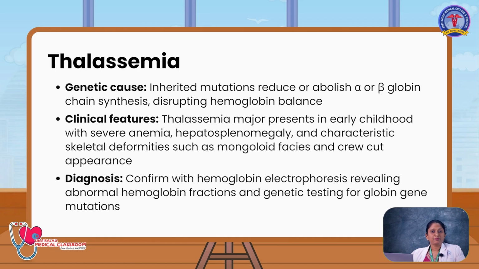The peripheral blood picture also resembles iron deficiency anemia, and we need to go for iron studies as well as hemoglobin electrophoresis to rule out thalassemia minor. Thalassemia intermedia presents with features which are intermediate between major and minor thalassemia.